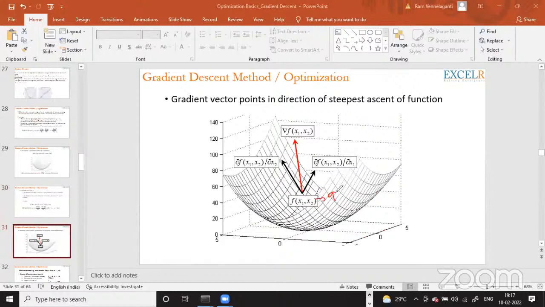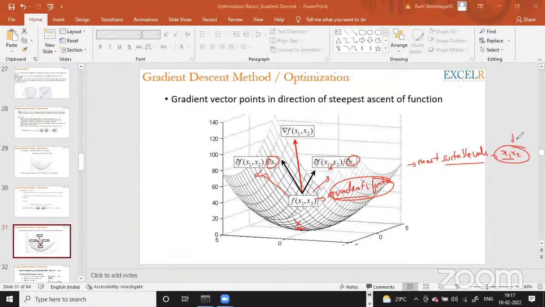So this is our quadratic function that we have. F of x1, x2. Then differentiate with respect to your x1, x2. Find out your most suitable values for x1 and x2.